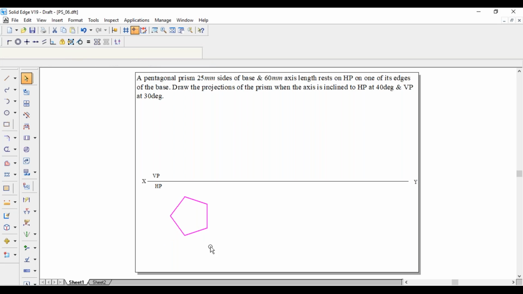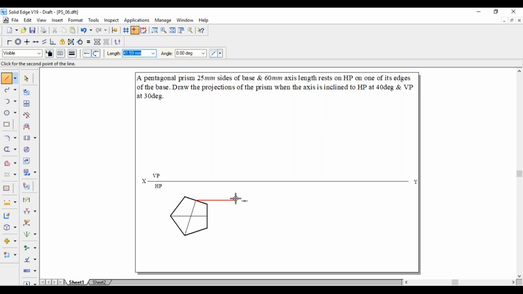Now to get the center, from the corner to the opposite edge midpoint, draw line. Similarly, from this corner, opposite edge midpoint, draw another line. So this will be the center.